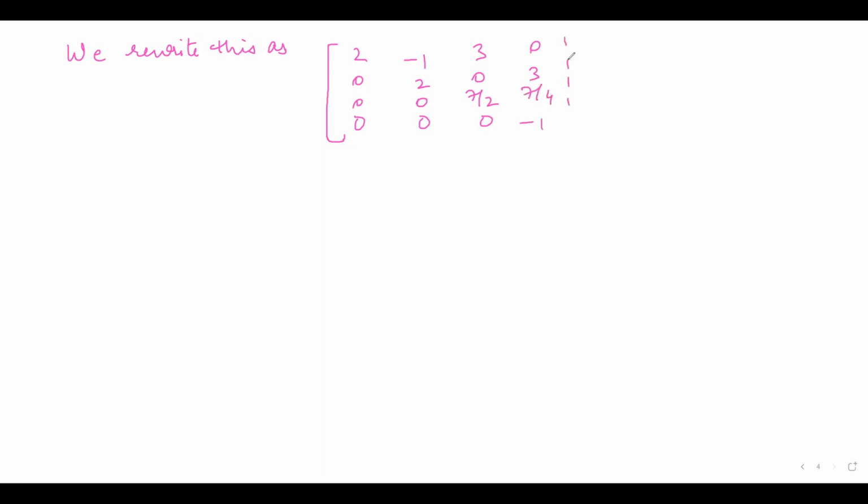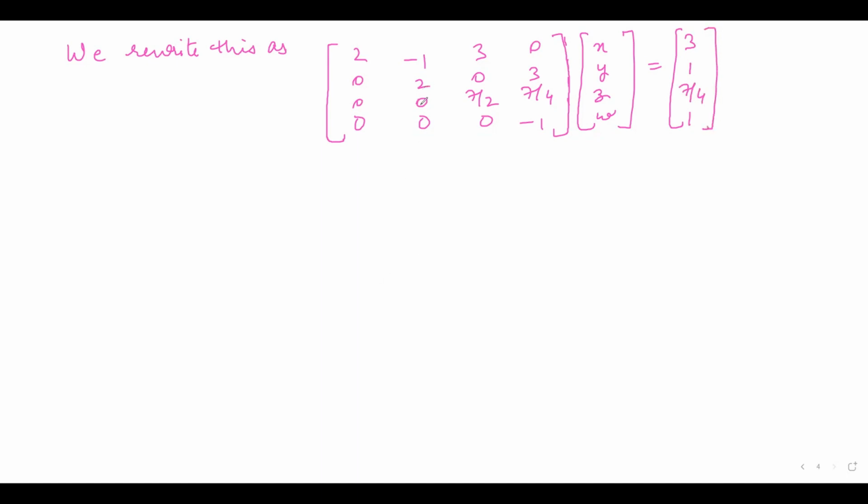So now we rewrite this as the matrix, that is 2, 0, 0, minus 1, 2, 0, 0, 3, 0, 7 by 2, 0, 0, 3, 7 by 4, minus 1, sorry, times x, y, z, w, and we are getting 3, 1, 7 by 4, 1.